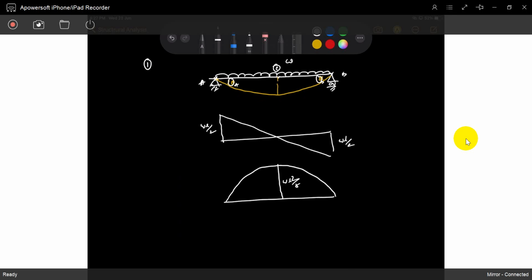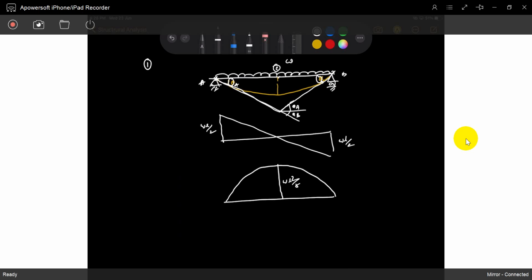Change in slope between any 2 points. What is the change in slope from A to B? You just observe it. At B, you just write a tangent. This is theta A, this is theta B. Understood? Total change in slope means what? It will start in this direction and end in this direction.